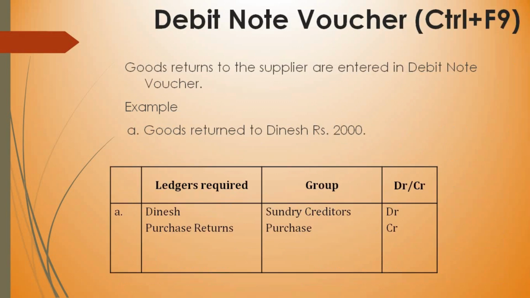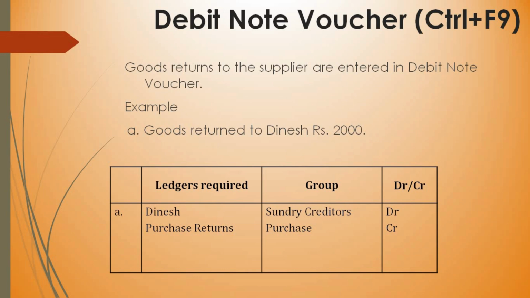Lastly, coming to the debit note voucher, the shortcut key for debit note is Ctrl F9. This voucher is used when goods are returned to the supplier. Whenever you are returning goods to the supplier, it will be entered in the debit note voucher. For example, goods returned to Dinesh, rupees 2,000.